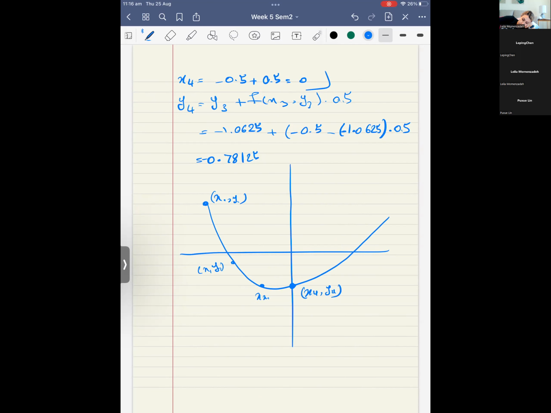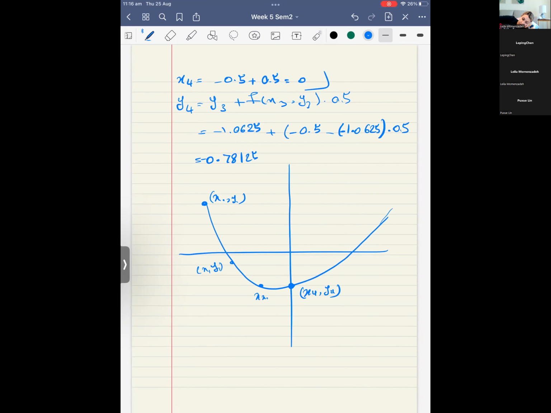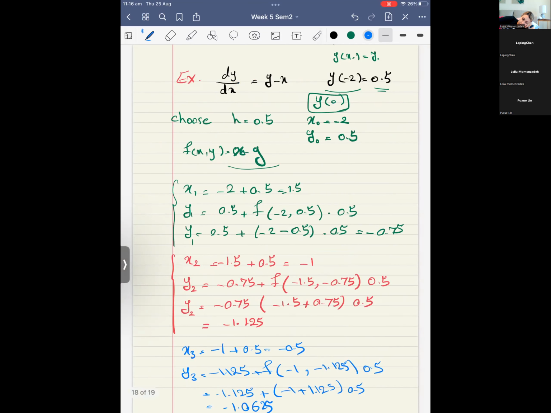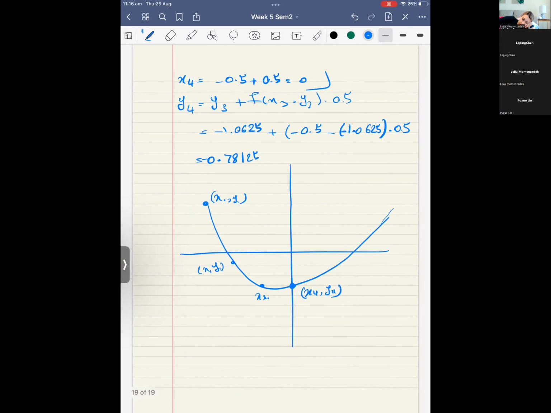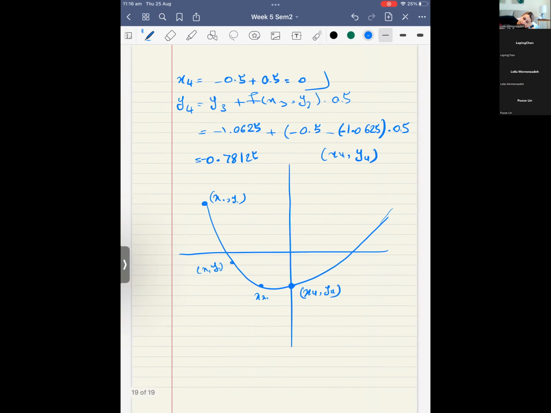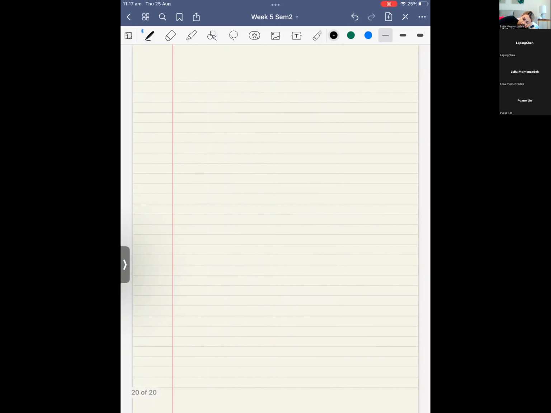And if you continue those points, you find the shape of the graph. Each point shows you x1, y1, you have x2, y2, x3, y3. If you put them in the graph, at the end you have a plot.